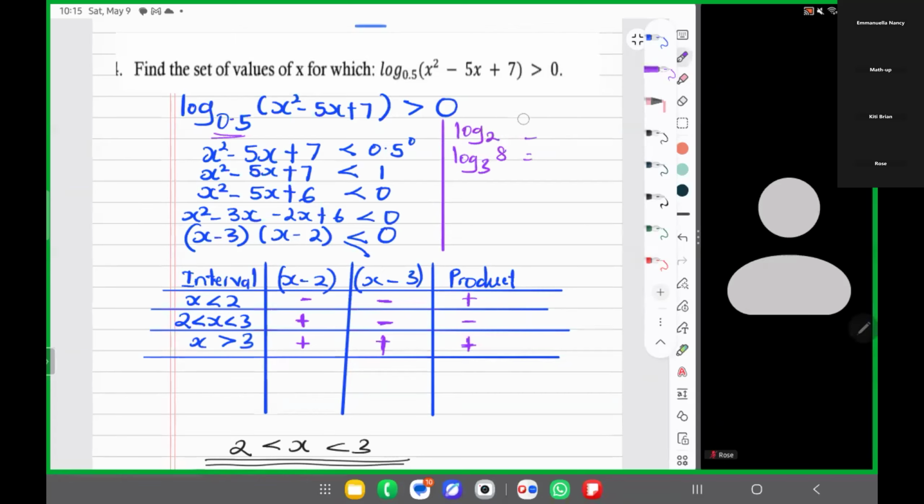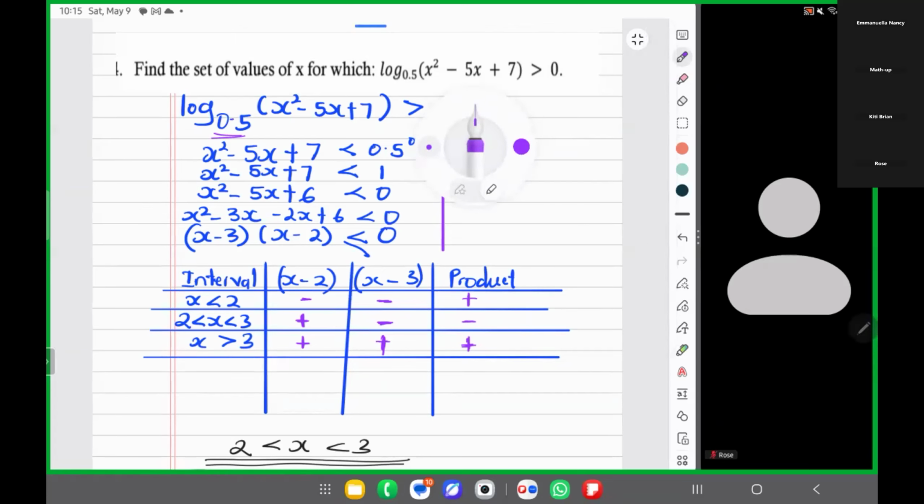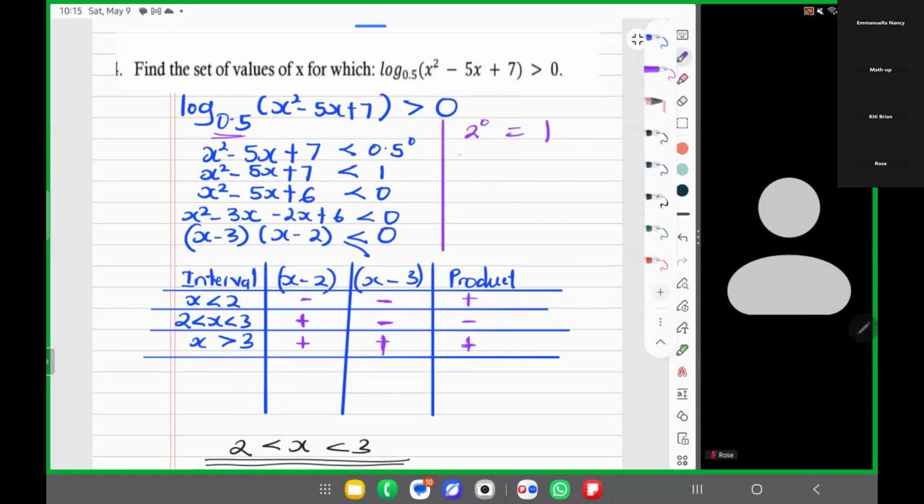Okay, we can use 2. For example, if I have 2 power 0, I will have a 1. And if I have 2 power 1, I'll have a 2. 2 power 3, I will have an 8. So I realize that for positive values, the logarithm just gets bigger.